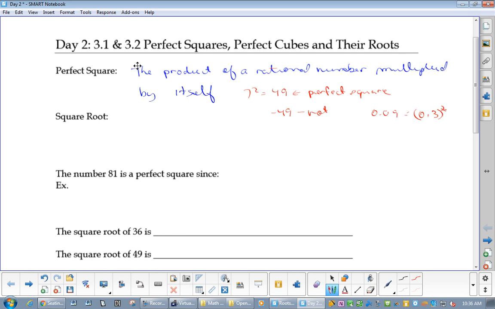Now, a square root. The square root of x is a number r such that r squared equals x.